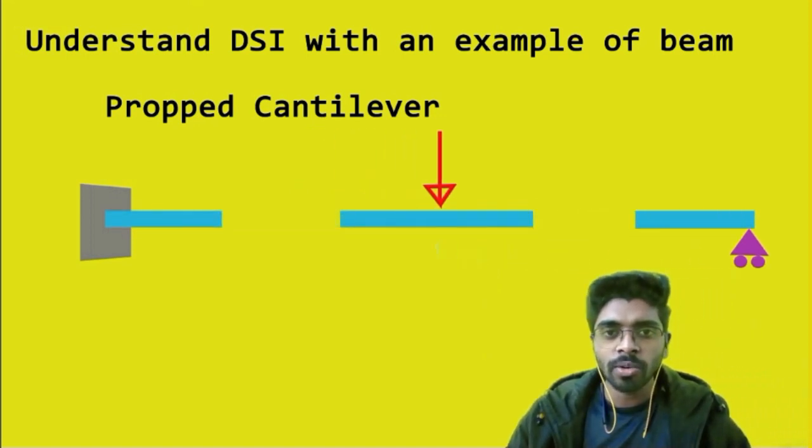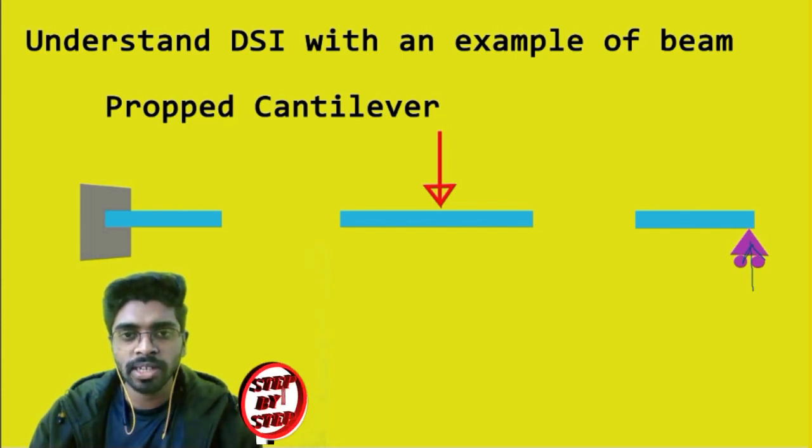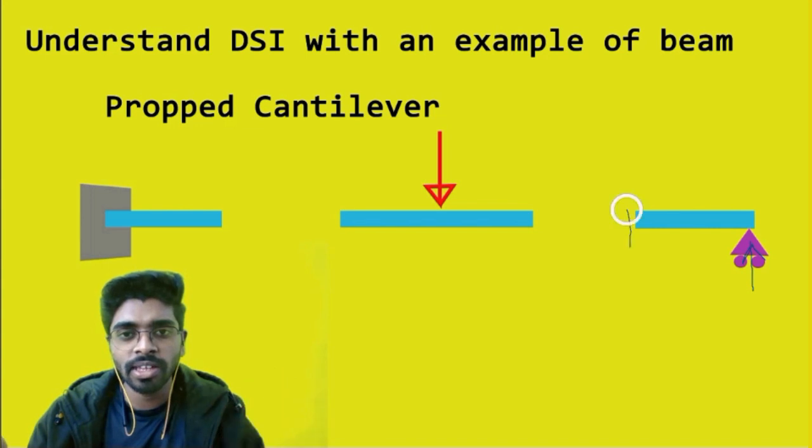Here the roller support is placed. So one reaction will come from the roller support, and at the section where the beam is cut, we will have three reactions: one is shear, another is axial, and the third is due to the moment.